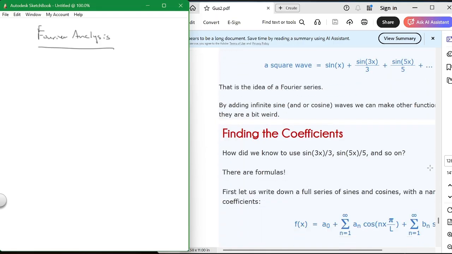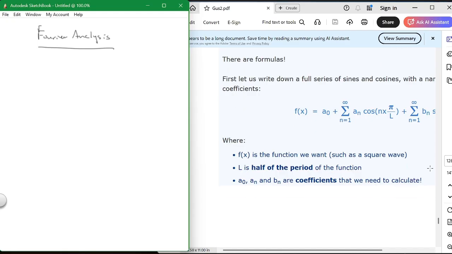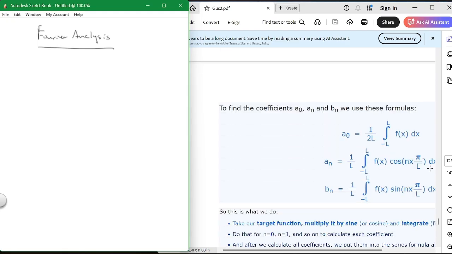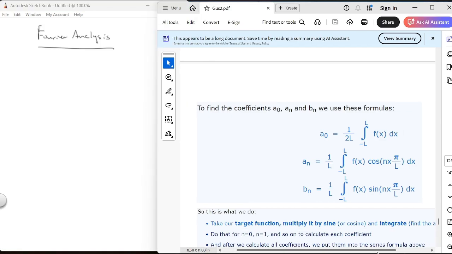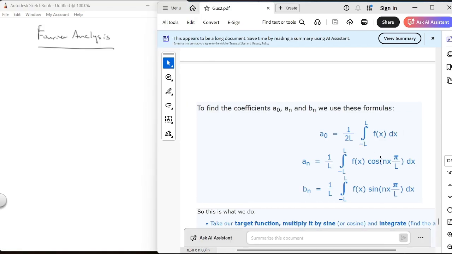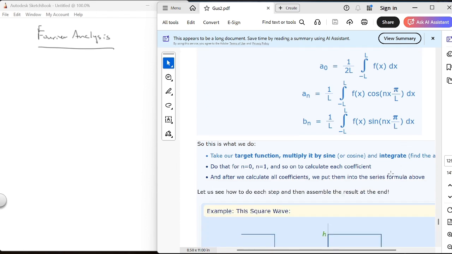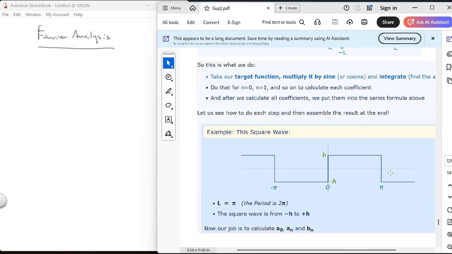Well, there is a formula that you can actually try that will bring that out, okay? And here it is. I know you're not impressed, and I'm not impressed either, but that's how it is. It's the integral of the function cosine of n x times pi over L, and out plops these numbers.